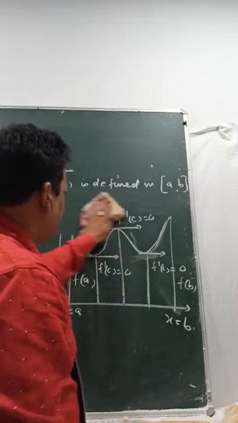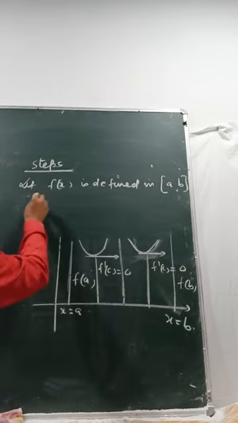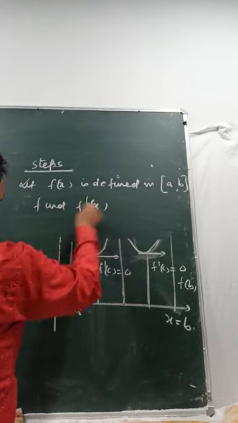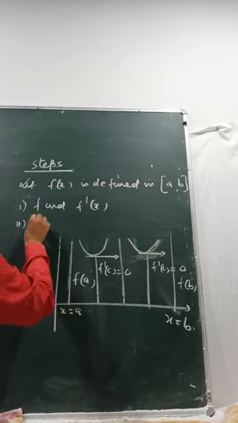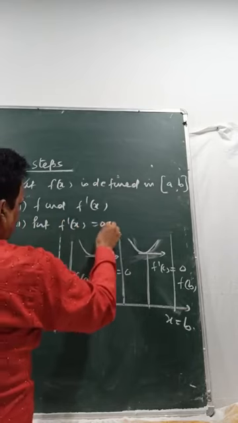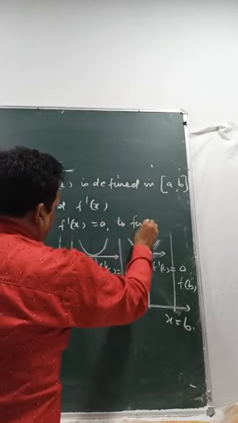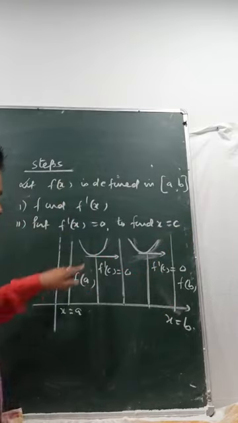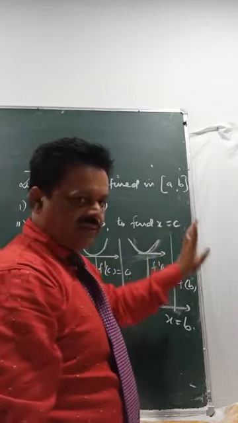Then what do I have to do? Find f dash x. Put f dash x equals 0 to find x equal to value c. Suppose c1, c2, c3 like this.